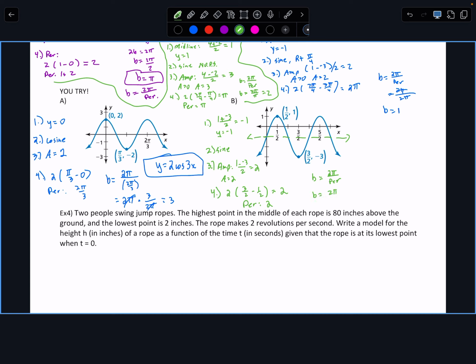And that period is 2, so b is pi. And so your equation is a sine graph, y equals, and A is a positive 2. And you have your pi x, and you are shifted down 1.